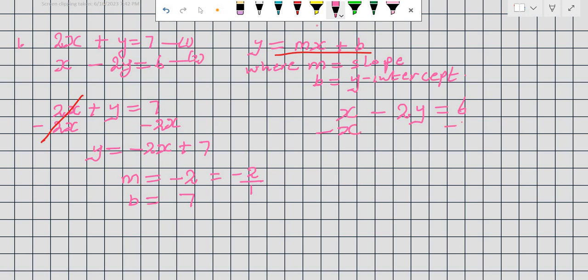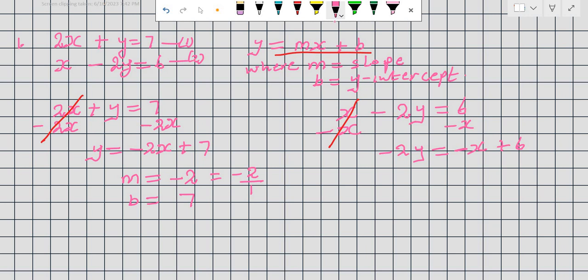Subtract x from both sides. And x minus x, we cancel out. So now we have just negative 2y on the left side, and that is equal to negative x plus 6.